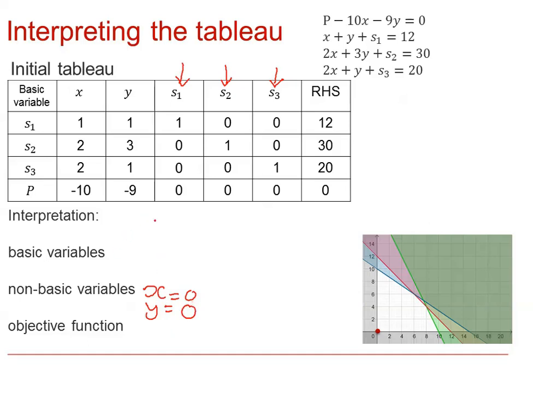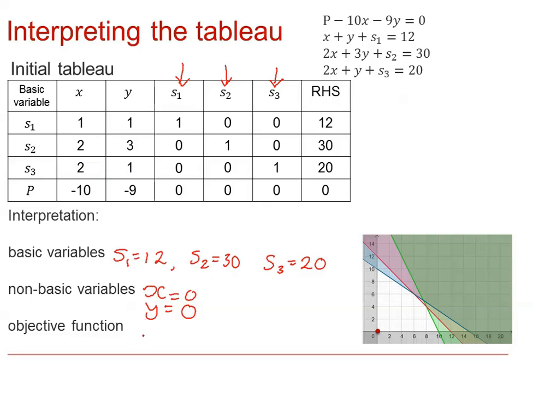So that means from our table we can see that S1 must therefore be 12 since X and Y are 0. We can see that S2 must be 30 since X and Y are 0, and S3 must be 20 again because X and Y are 0.